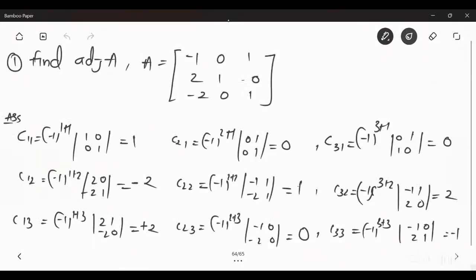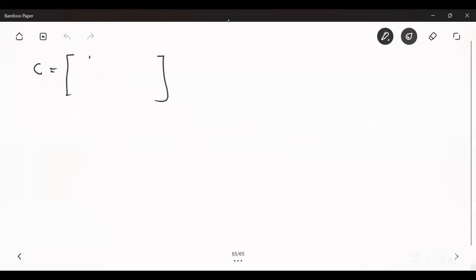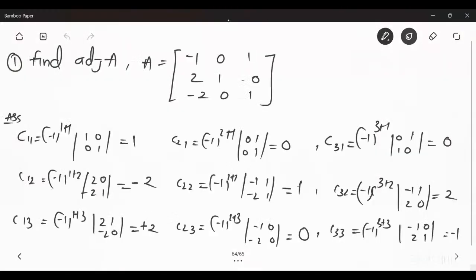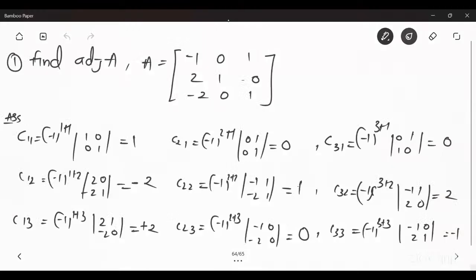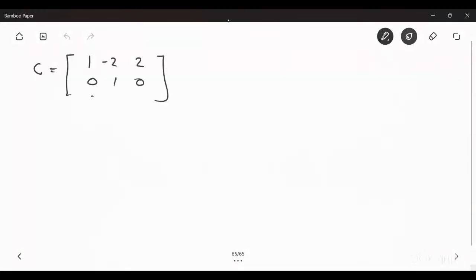So you will get the cofactor matrix as [1, -2, 2; 0, 1, 0; 0, 2, -1].